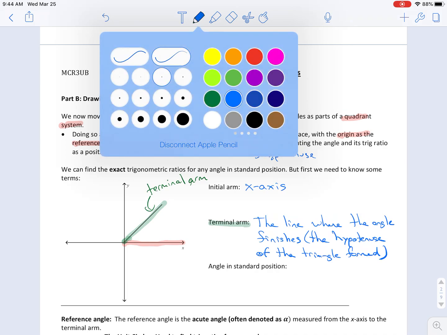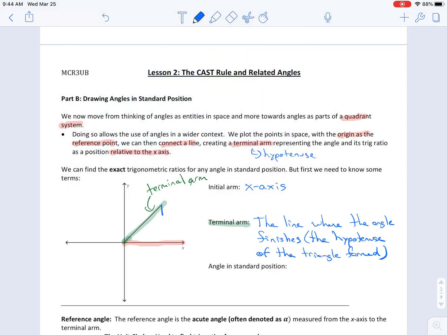How we get an angle out of this is that we take the terminal arm and we connect it to the x-axis like this, so that it always forms a 90-degree triangle. The angle in standard position is generally given as theta.